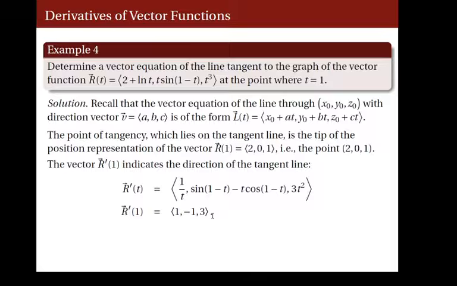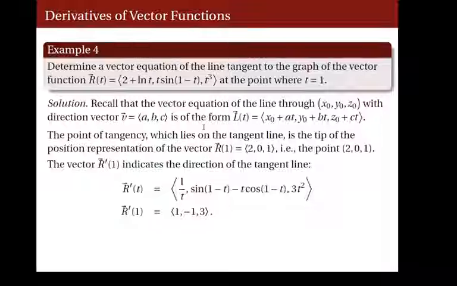And so we now have a point on the tangent line and the direction vector. And so all we need to do is to plug in these values to this formula.